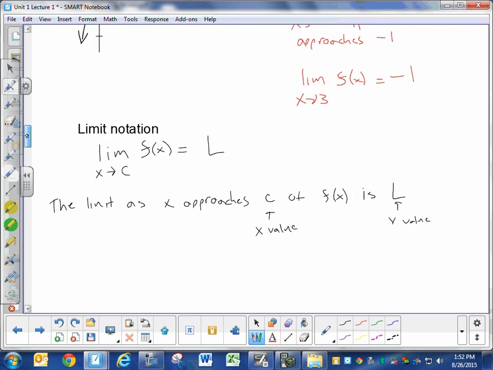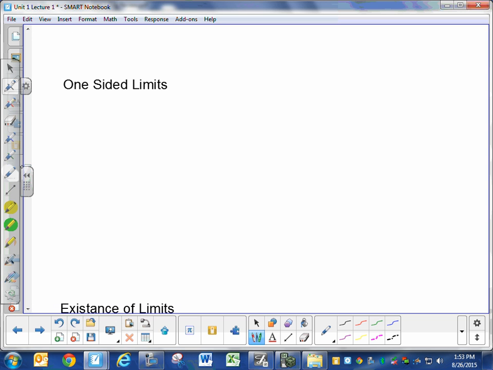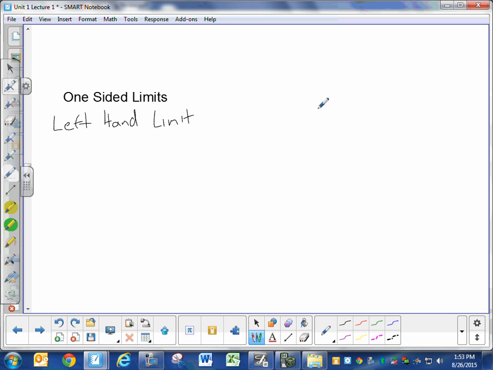We also have one-sided limits and its notation. We will have what we consider a left-hand limit and a right-hand limit. Left-hand limit is LHL for short.